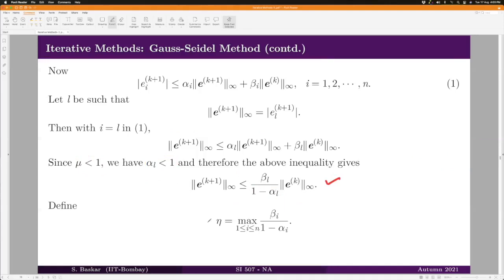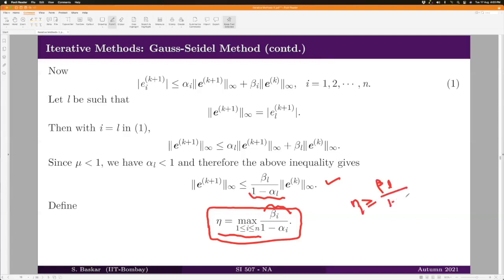Now let us define a new parameter eta like this. Remember, this right hand side is exactly the same, but only thing is I'm taking the maximum over all i's now. Therefore, eta will surely be greater than or equal to beta L by 1 minus alpha L, right? That is what I'm going to replace.